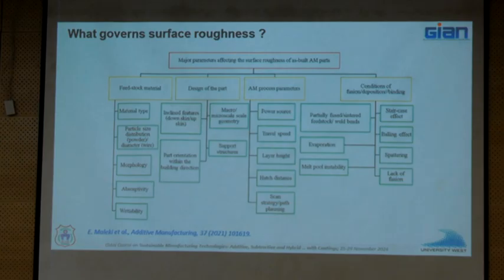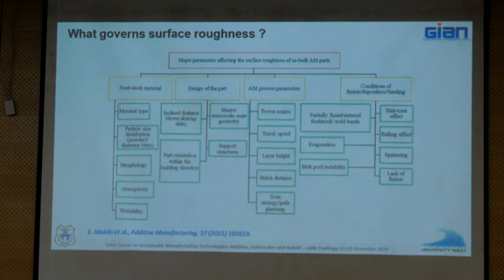Of course, process parameters: does it melt fully, does it melt too much, does it not melt fully, all of them also govern the surface roughness. We spoke about layer height already, but even the spacing, if you're doing laser or E-beam, the hatch distance also influences that.